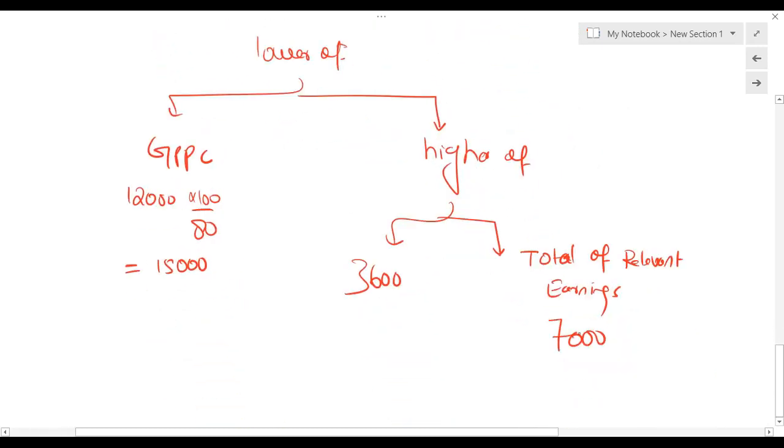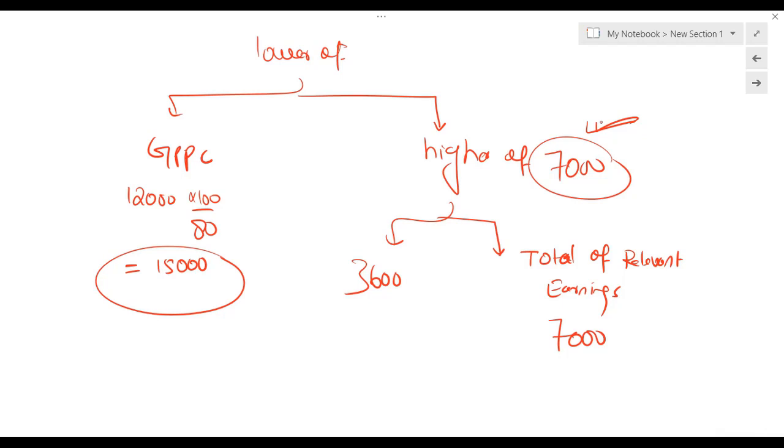So if I say higher of 3,600 and 7,000, obviously it is 7,000. When I say lower of gross PPC 15,000 and 7,000, it's going to be 7,000. So in this question, obviously, basic and higher rate band will increase by 7,000.